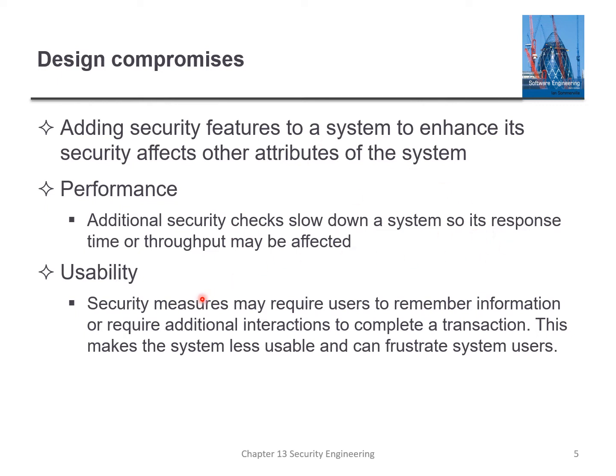It slows down the response time, and it also affects the usability, right? You have to remember very long password and you need to change it every 2 weeks, for example, right? And then additional interaction to complete the transaction. So sometimes the user becomes frustrated and they feel it causes them more work. So the usability will be reduced.